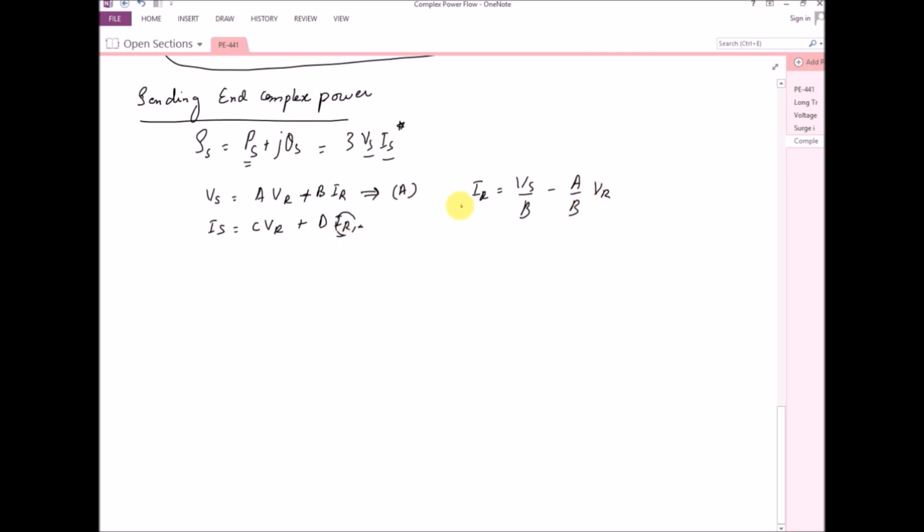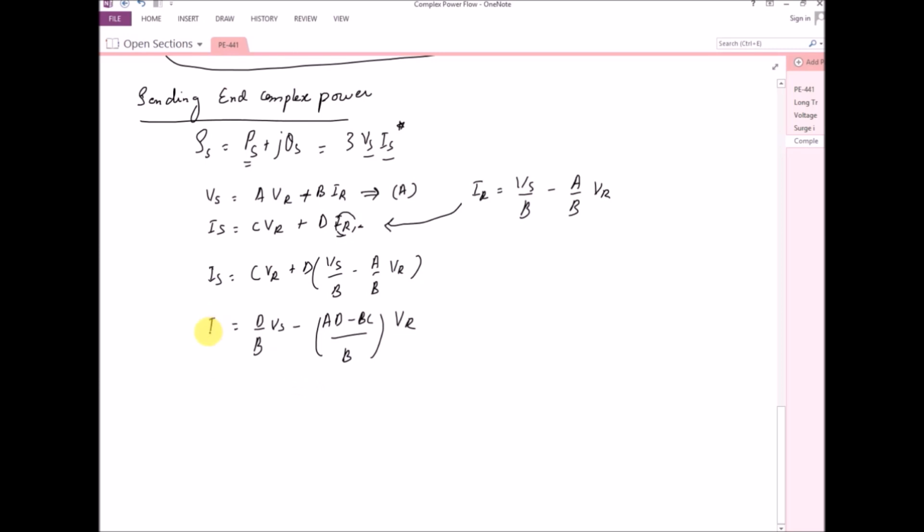So I will put this IR value in the second equation. So Is will become Is is equal to CVR plus D into Vs over B minus A over B VR. So after solving it down, it will become D over B Vs minus AD minus BC over B into VR.